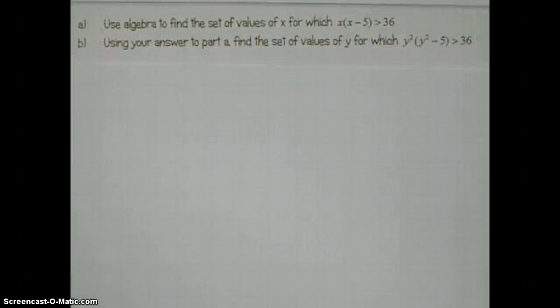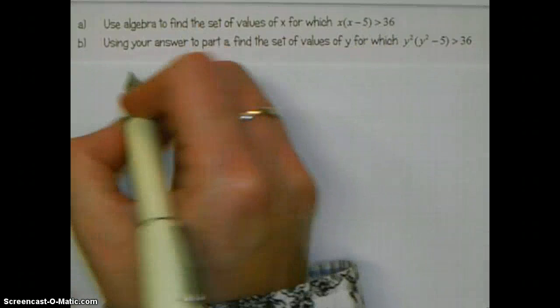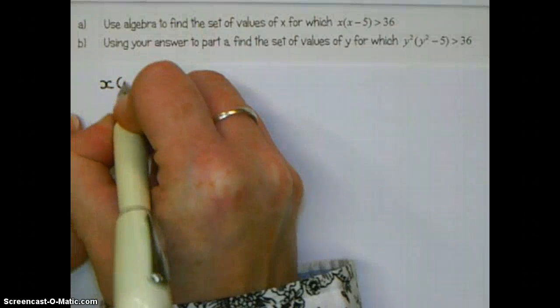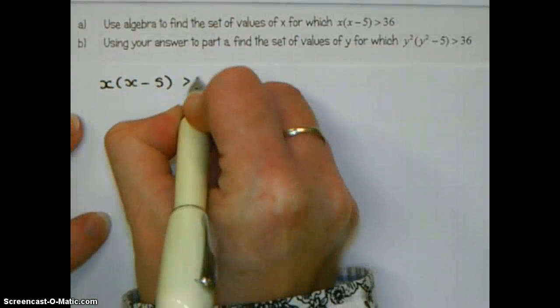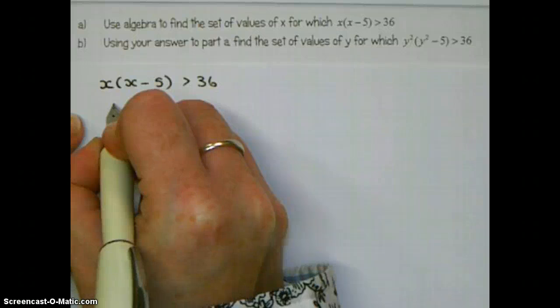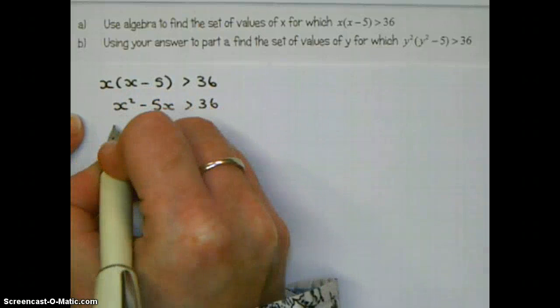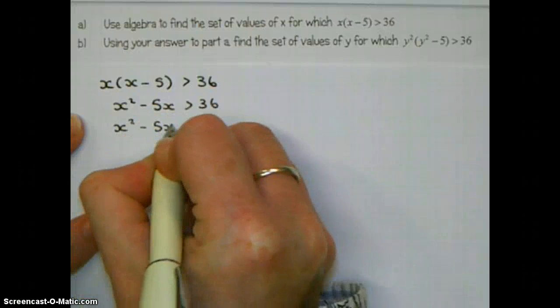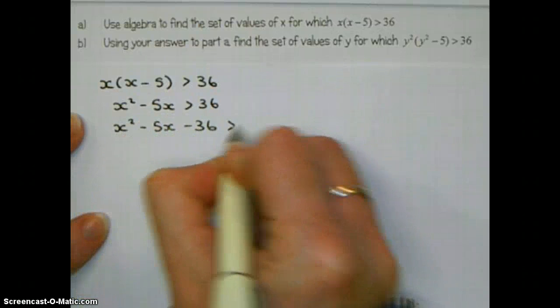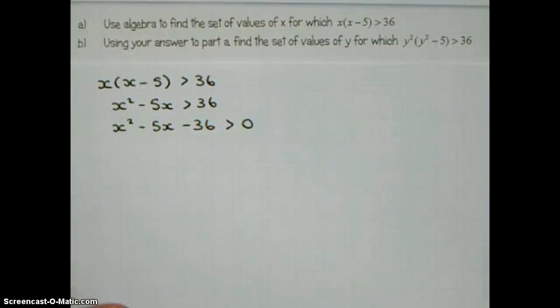Lastly, question 10. Again, another inequality. So I know I need to make it 0 and sketch the graph. So if it is x brackets x minus 5 is bigger than 36, I can say that x squared minus 5x has to be bigger than 36, or x squared minus 5x, take 36 from both sides, and I'm left with that is bigger than 0.